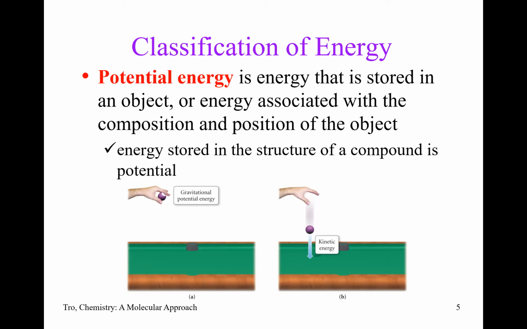So what we're eventually going to look at is this potential energy as it applies to the bonds in chemicals and the bond between two atoms. And this is doing it generically here, the potential energy. It's stored in an object, so that's generically phrased that way intentionally.